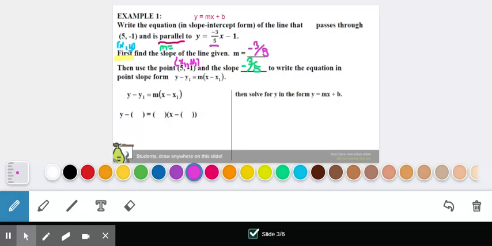Point-slope form is y minus y1 equals m times x minus x1. Beautiful, love it.